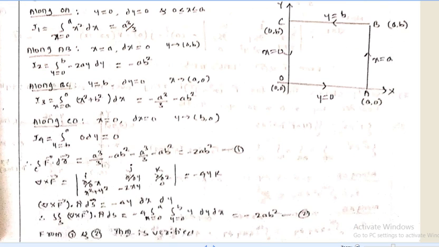So del cross f is determinant ijk, dou by dou x, dou by dou y, dou by dou z, and x square plus y square, minus 2xy and 0. After expanding we will get minus 4y k, and k denotes dx dy according to n cap ds.